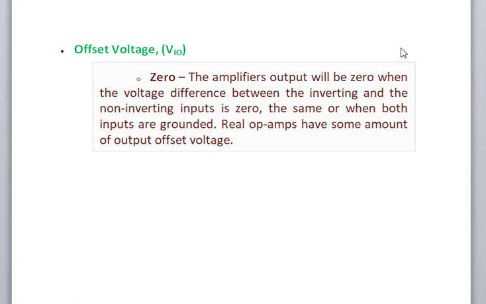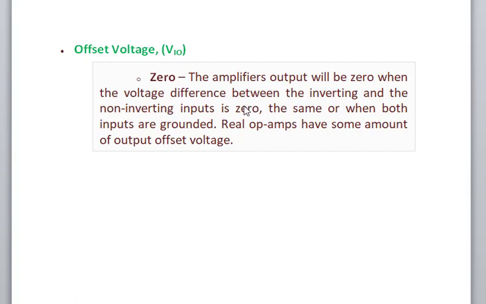So it generates some output without any input signal. This type of voltage is known as offset voltage. The output will be zero for the ideal operational amplifier, but a real one generates some voltage.